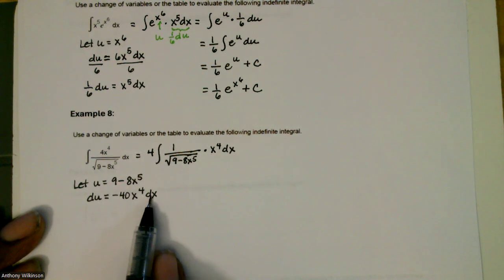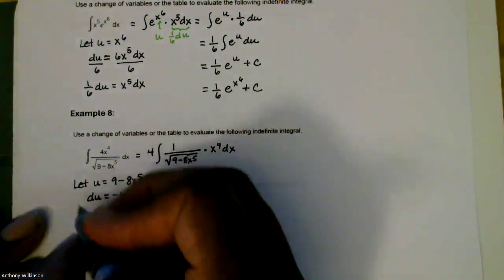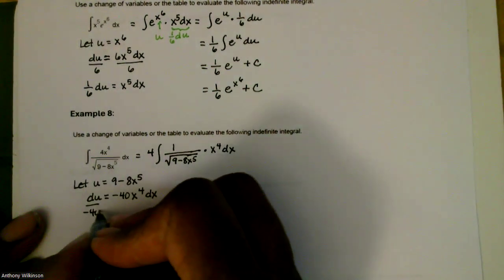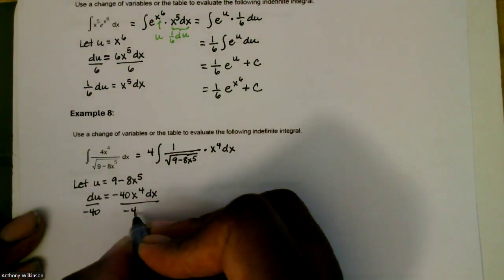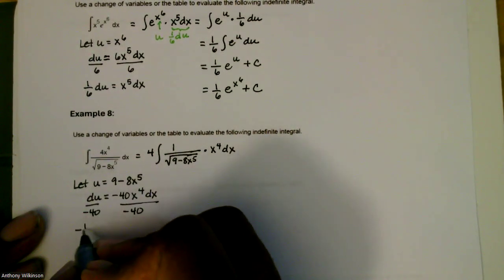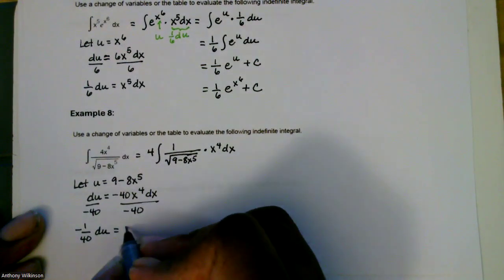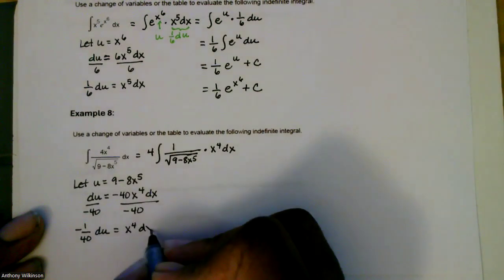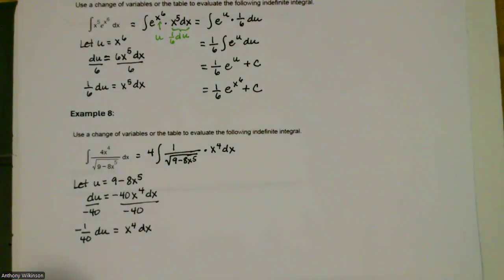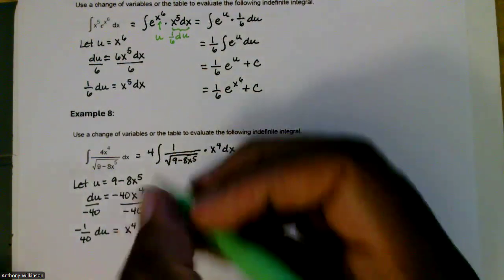I want it by itself so that I can do the substitution. I'm multiplying it by negative 40, so let's divide both sides by negative 40. So here I'm going to have negative 1 over 40 times du, and that's equal to x to the fourth dx.